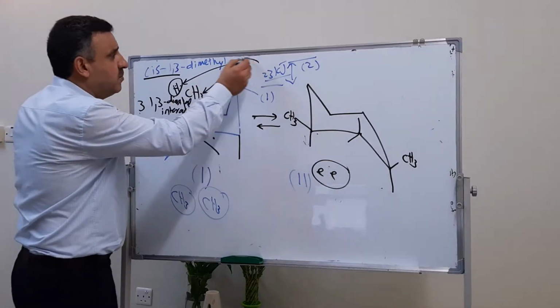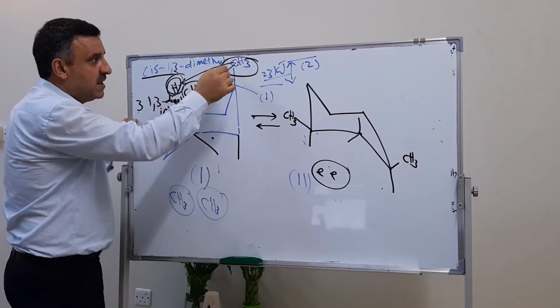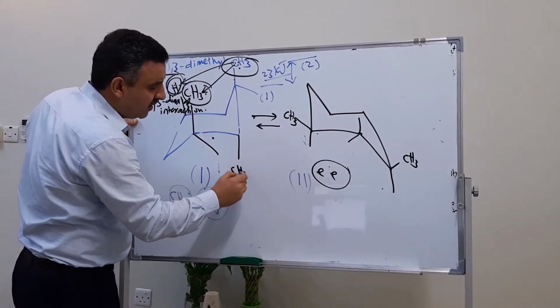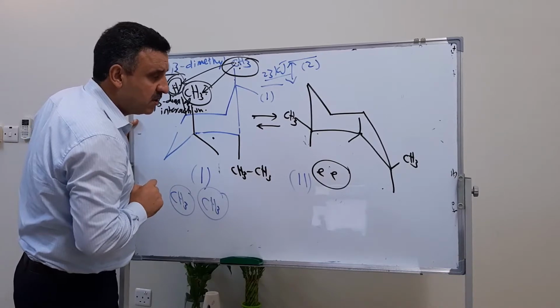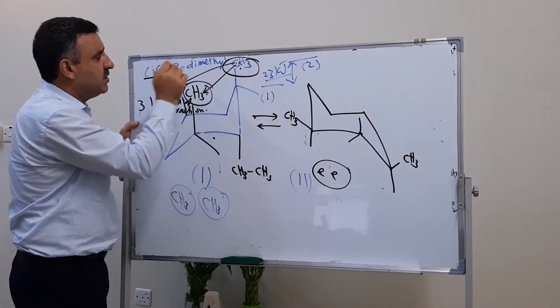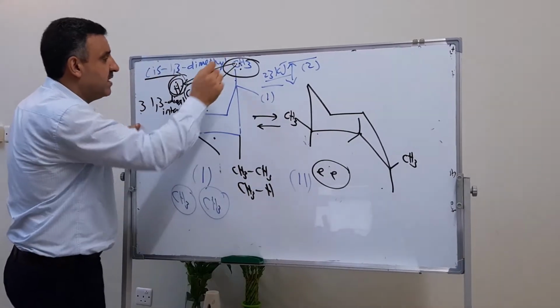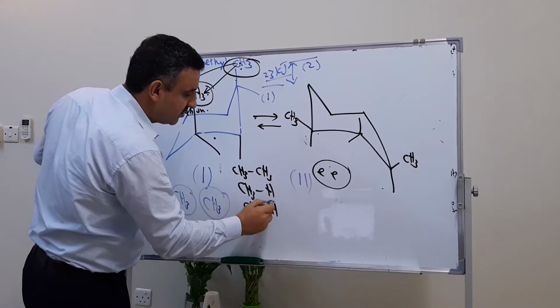We have this group, and this group, and this group, right? So what does that mean? This will repel this, isn't it? So we have a methyl, methyl 1,3 diaxial interaction. What else? We have this methyl with this hydrogen, so we have methyl, hydrogen. We have this methyl with this hydrogen, so again we have methyl, hydrogen.